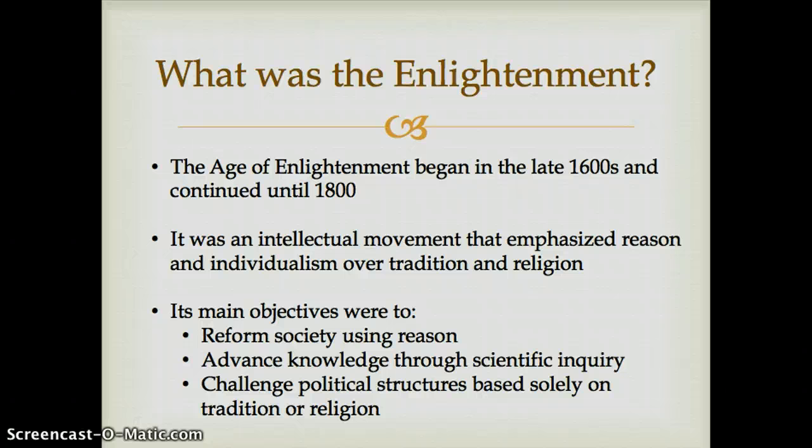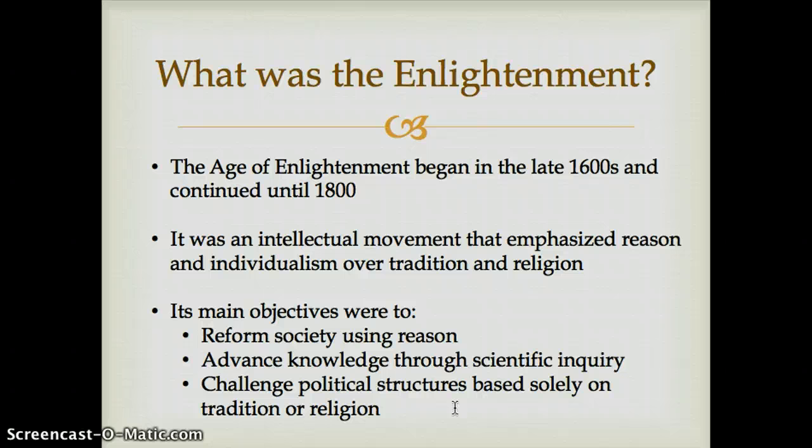And they thought that we could advance knowledge through scientific inquiry, and that they also wanted to challenge political structures that were based solely on tradition or religion. They thought that just as we could solve some problems in society using reason, we could also structure governments based on reason rather than tradition or religion.